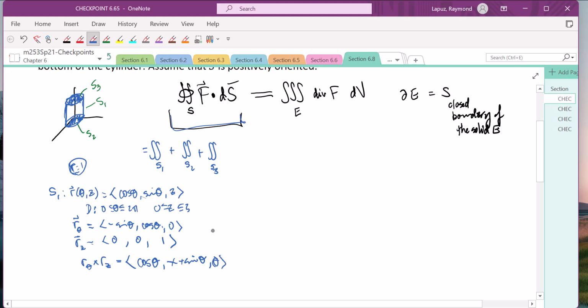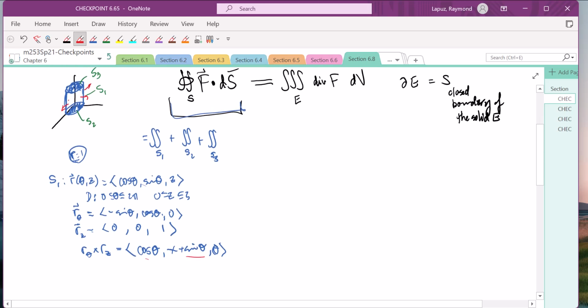And that does make sense because sine and cosine of theta are just going around in circular fashion, and there's no movement in the z. These normal vectors are perfectly horizontal. Okay, so that is our r. Now we need to figure out what our vector field is when we evaluate it with r, the parameterization.